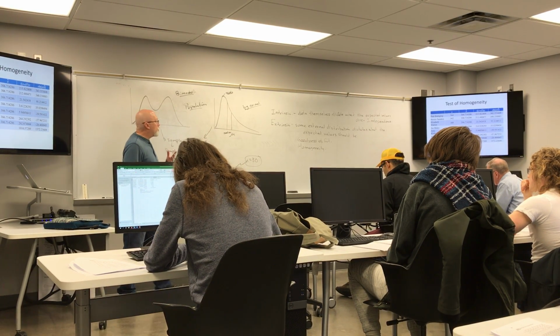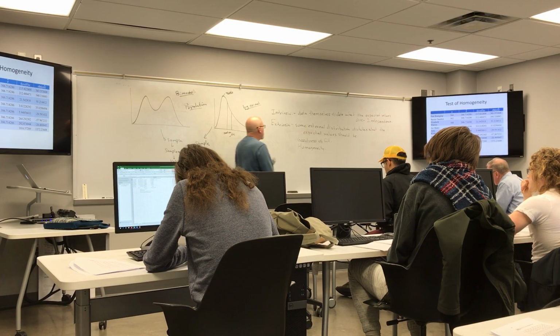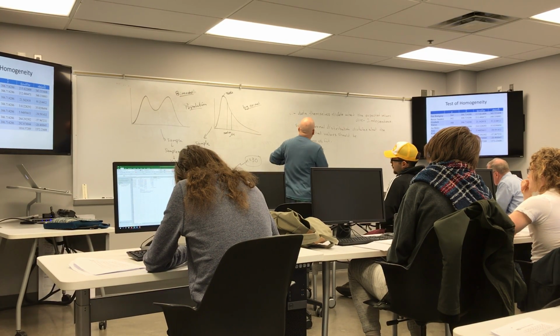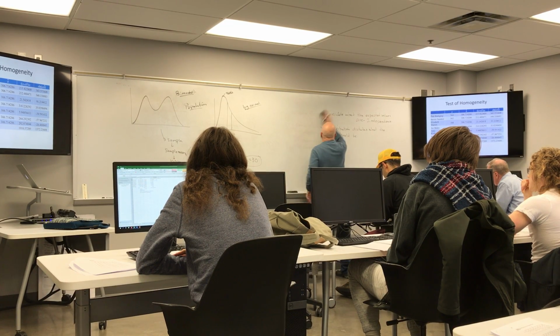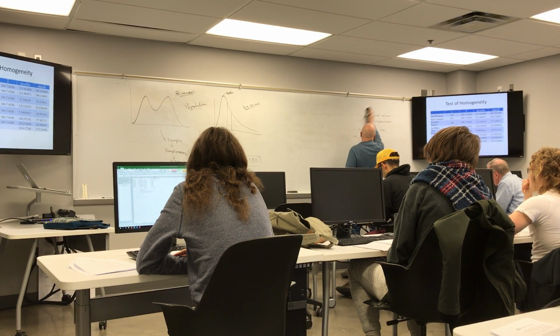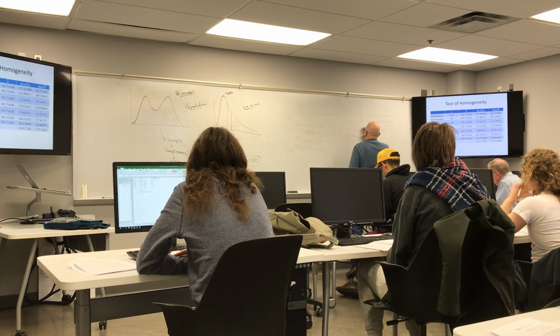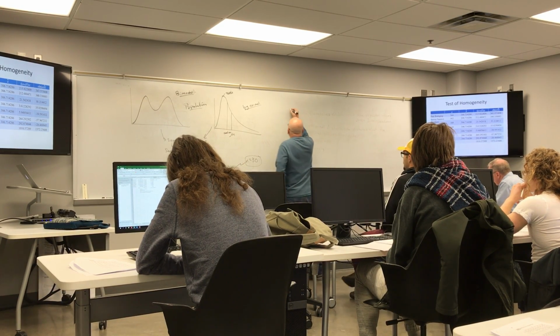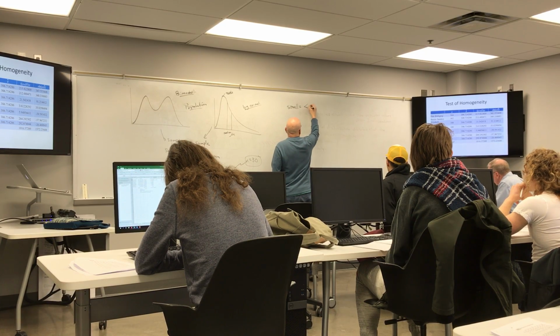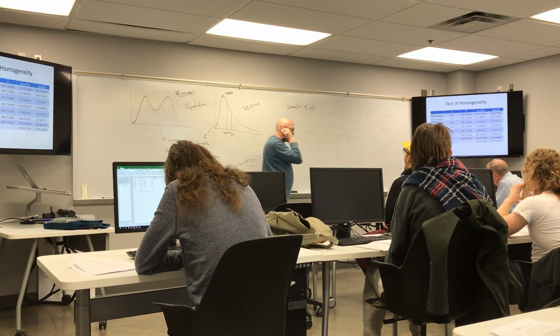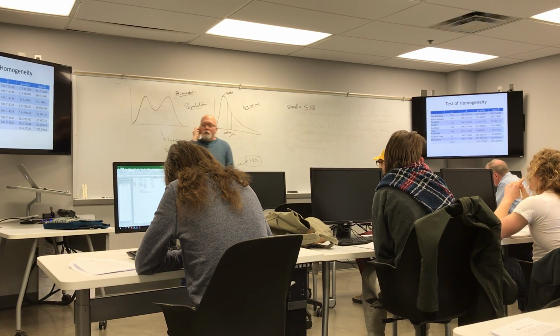And the reason that people expect you to test the normality of data at the beginning of a statistical analysis is because oftentimes people have small sample sizes, and a small sample size is less than 30, according to the central limit theorem.